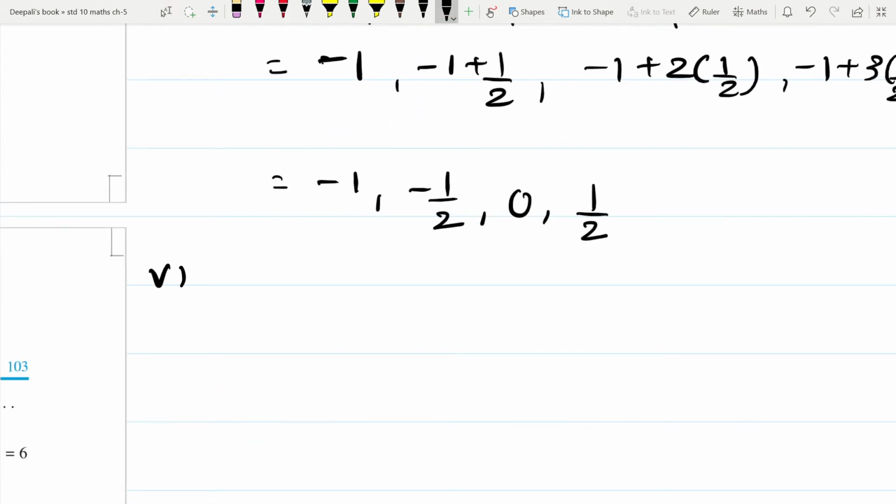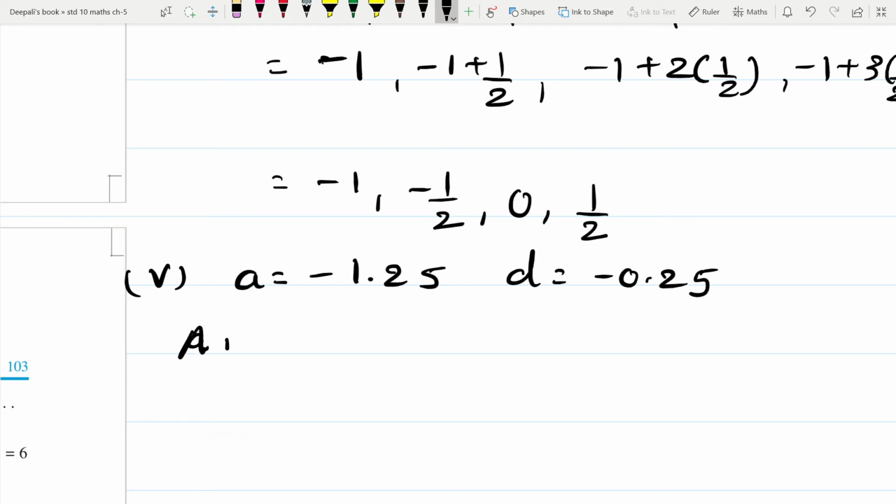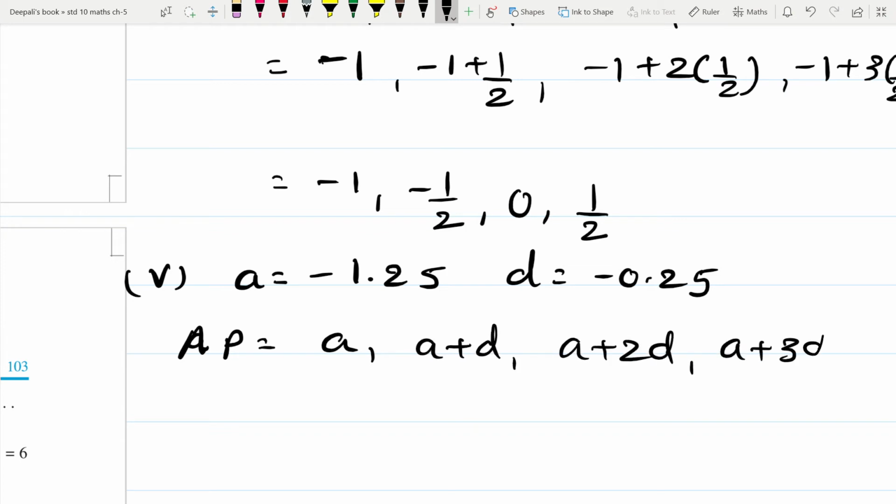Fifth one, A is minus 1.25 and D is equal to minus 0.25. I get AP is equal to A, A plus D, A plus 2D, A plus 3D.